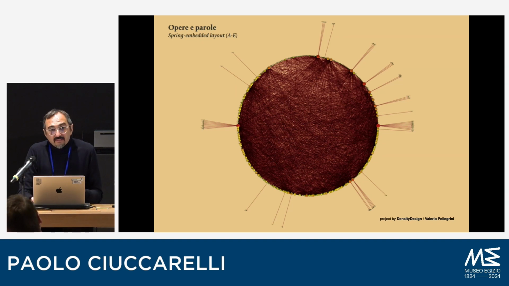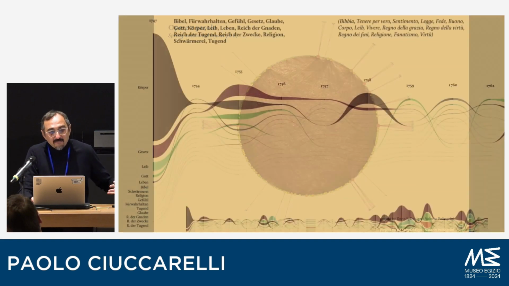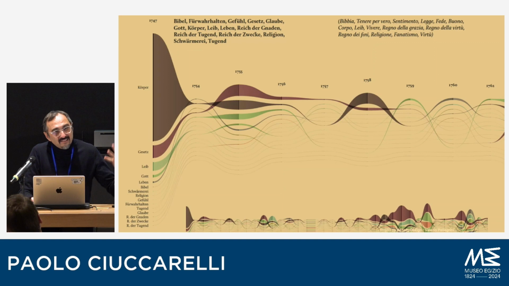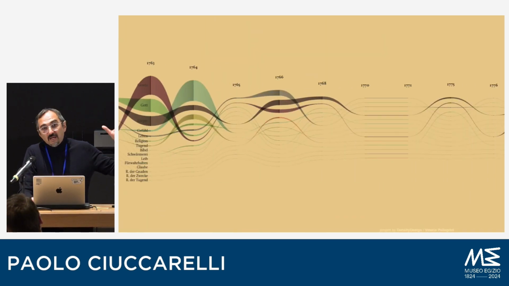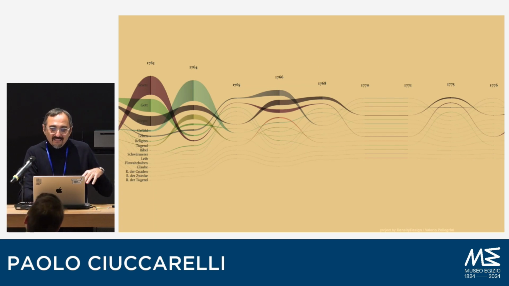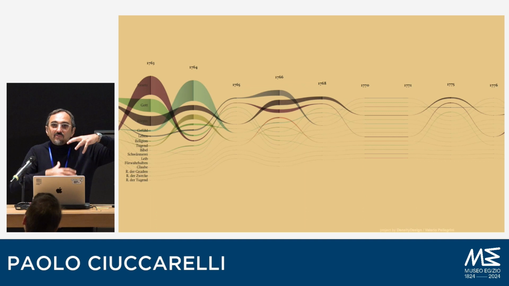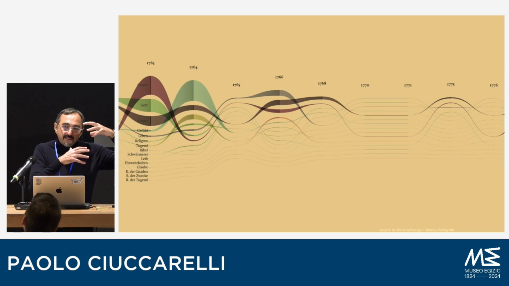Time was very important and was totally missing in these networks. So we designed something completely different, starting out of a network that looked like graphs, but which could of course be represented in other ways. We ended up designing this evolution using a bump chart, which has a sort of appeal in certain contexts, a bump chart that represents the number of occurrences of a certain word across time.